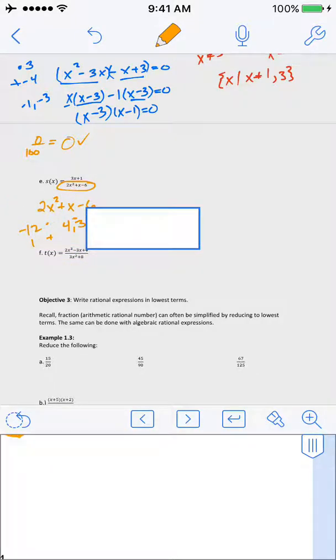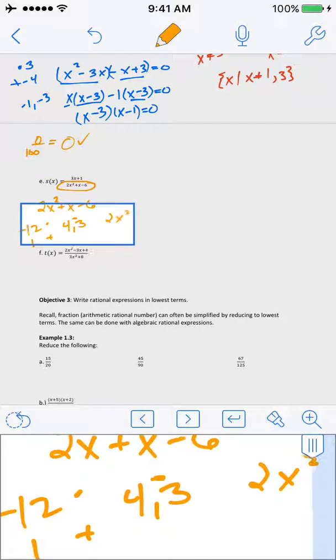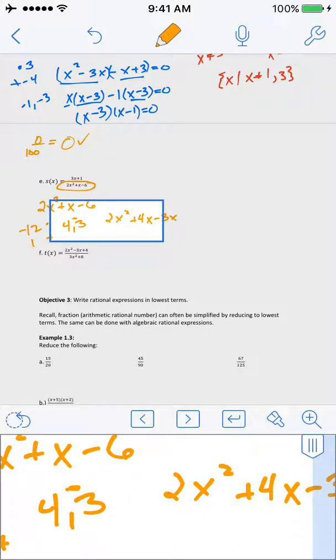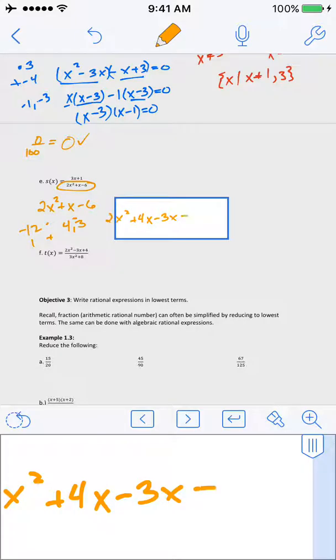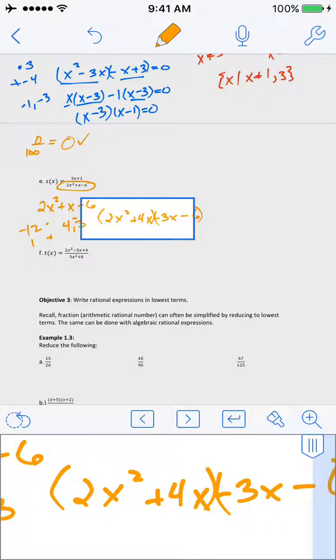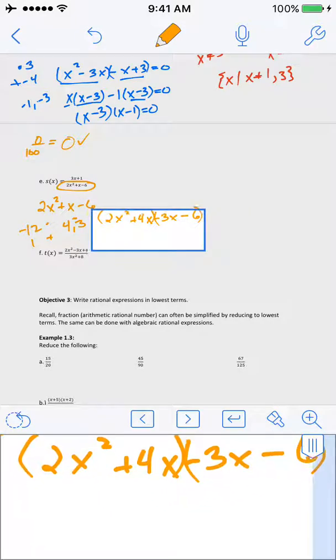Alright, and then I'll take my polynomial, 2x squared, instead of 1x, I'm going to write 4 x's and minus 3 x's. So that's that middle part I'm doing, 4 x's and minus 3 x's, and then I keep the minus 6. Now we'll factor by grouping. So I group the first two, group the last two.